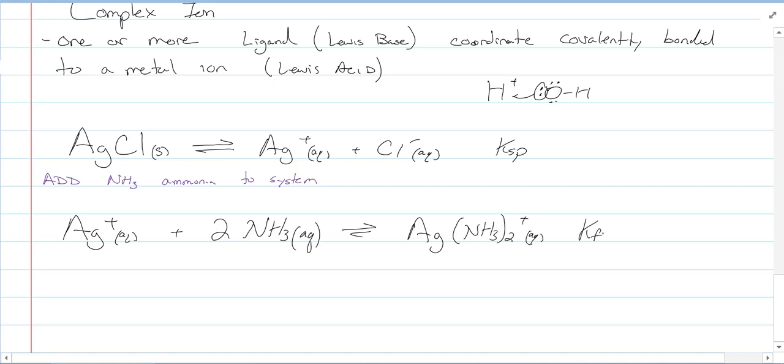And it has a Kf value. So the KSP was 1.8 times 10 to the negative 10. Kf is 1.7 times 10 to the 7th.